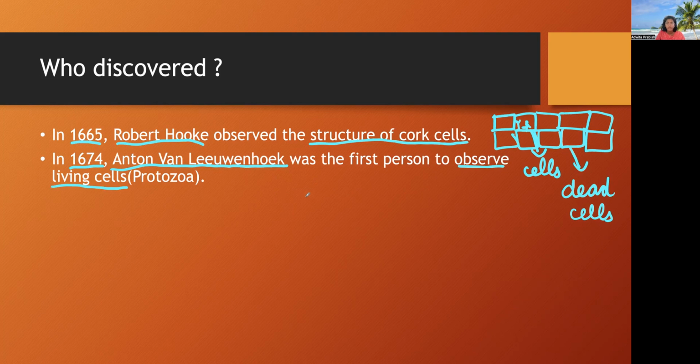While Robert Hooke, all he observed was dead cells. So the living cells that Anton van Leeuwenhoek observed was protozoa. Protozoa is a type of microbe, as we know it.